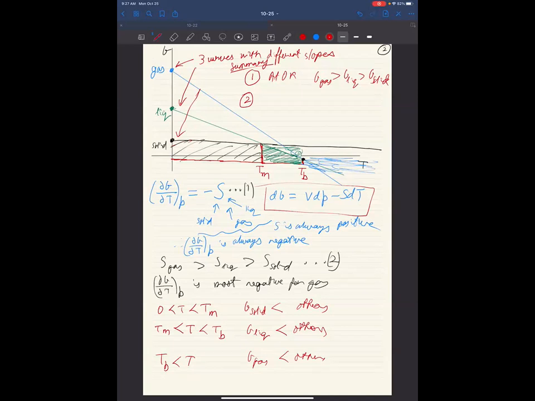And then we said that G drops very slowly with temperature for solid, faster for liquid, and super fast for gas. These are the two concepts that we used over here in order to derive something like this.